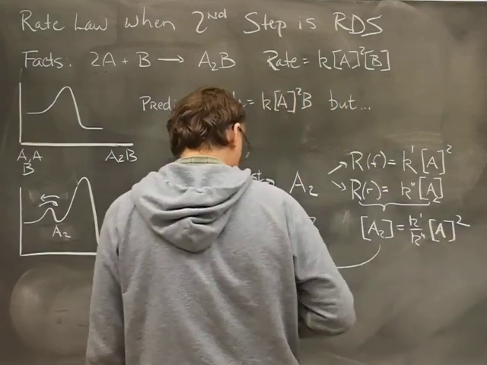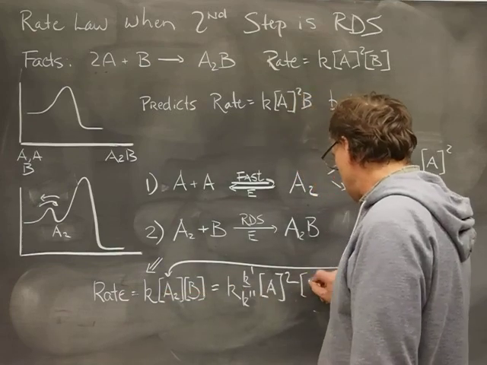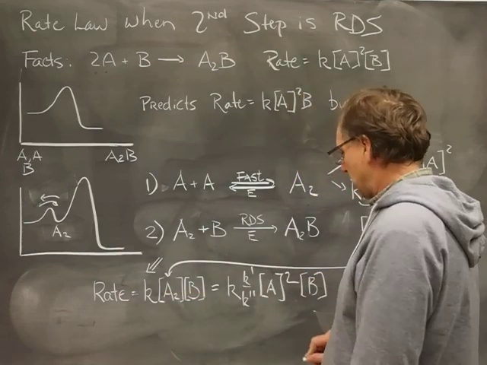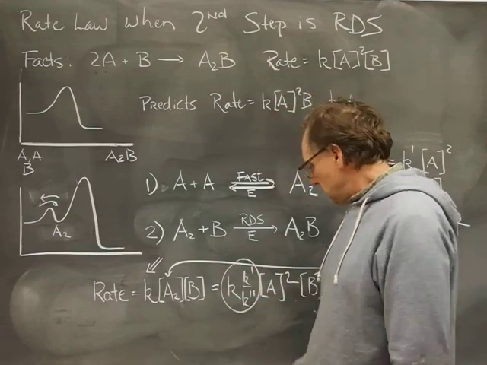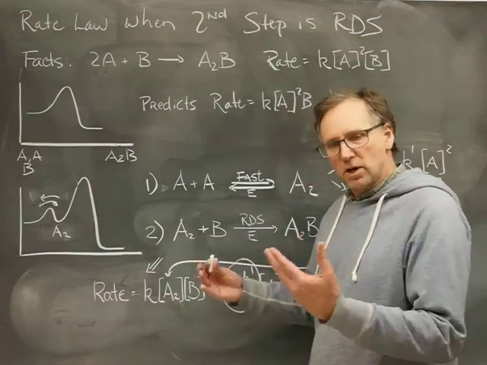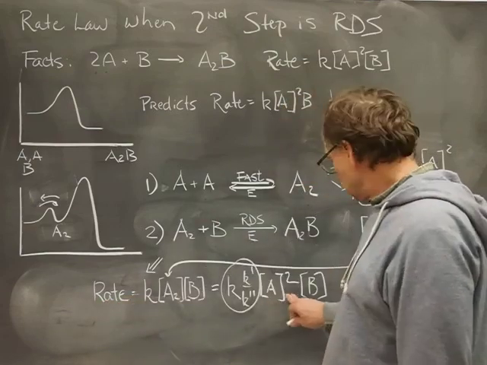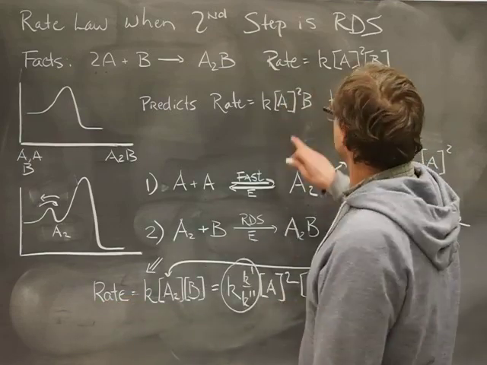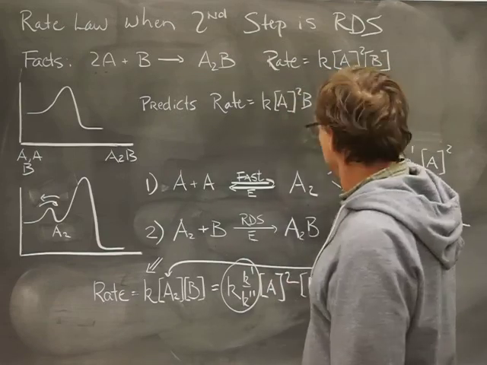That takes care of that term, and now we still have a B right there. As long as I get to consider this set of constants as one new constant, I have a rate law which is second order in A, first order in B. And that's exactly what our observed rate law is. Second order in A, first order in B.